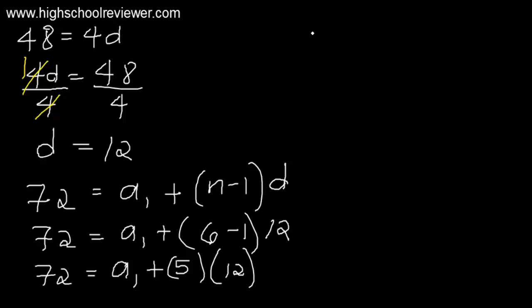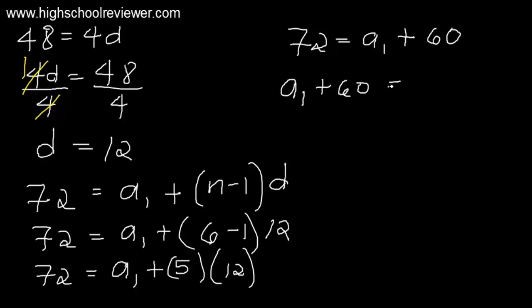So 72 is equal to a sub 1 plus 5 times 12, which is 60. We can rearrange this: a sub 1 plus 60 equals 72. So to find a sub 1, we have to transpose positive 60 to the other side.